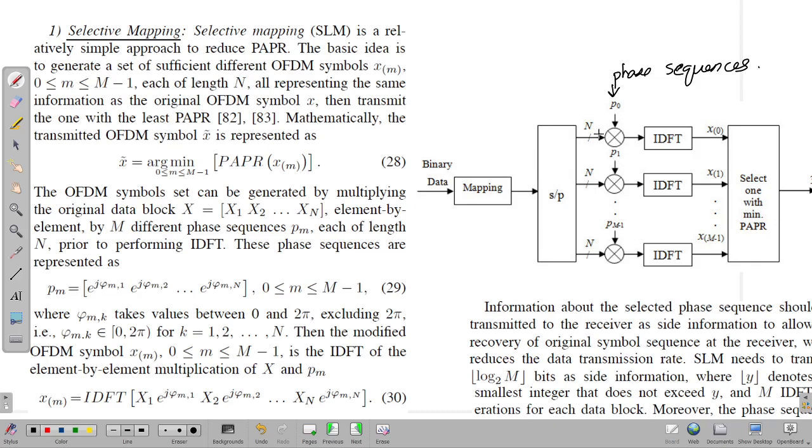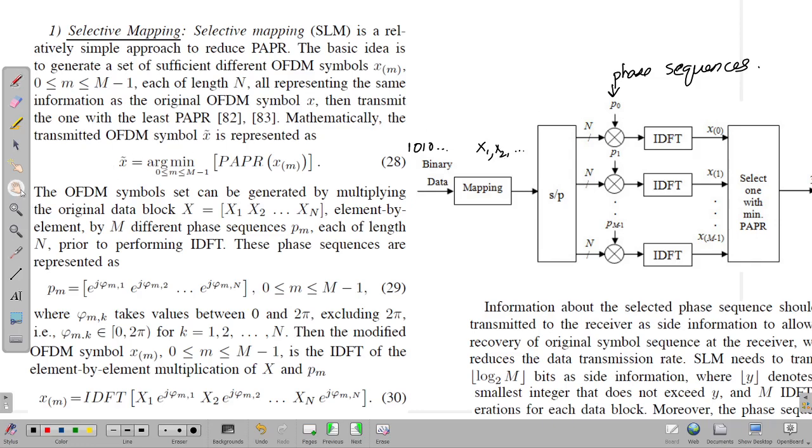So these signals come after serial to parallel conversion. Here you have the original binary data. After mapping, this is converted into corresponding modulated symbols. Let that be x1, x2, etc. up to xN.